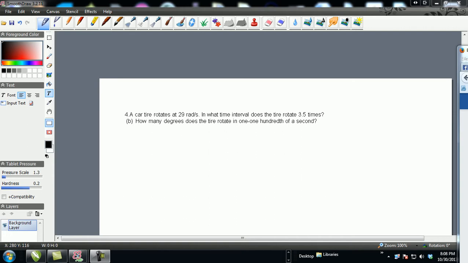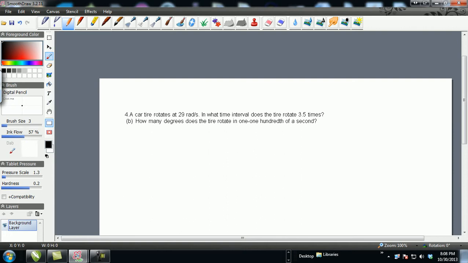A car rotates at 29 radians per second. What time interval does a tire rotate 3.5 times? The key with this, guys, remember that's 3.5 revolutions. And you know every time around a circle it is 2 pi. So just go ahead and take 3.5 revolutions.